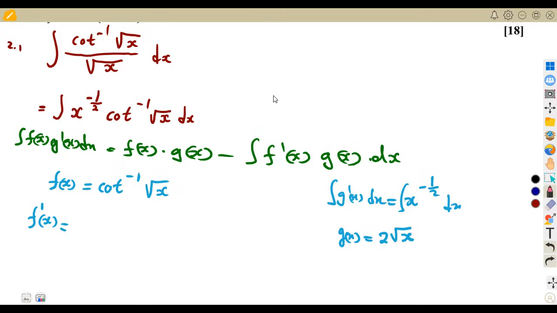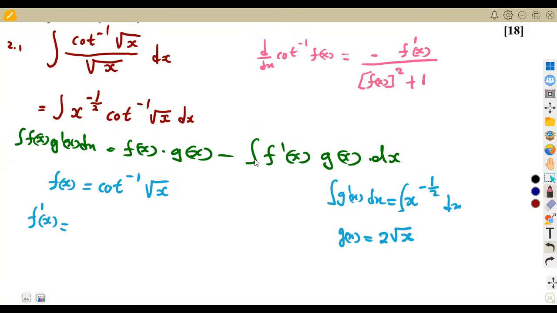They gave us arc cot of f of x, and the derivative, with respect to x, is equal to minus the first derivative of f of x over f of x squared plus 1. Okay. This is the formula that we use for arc cot.